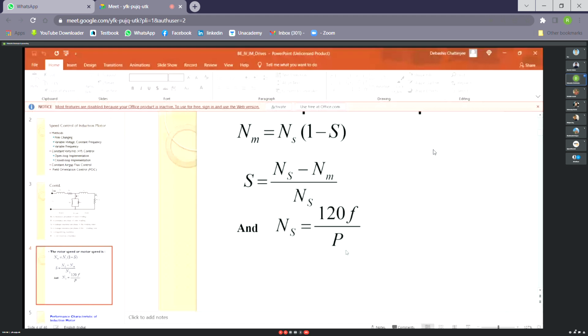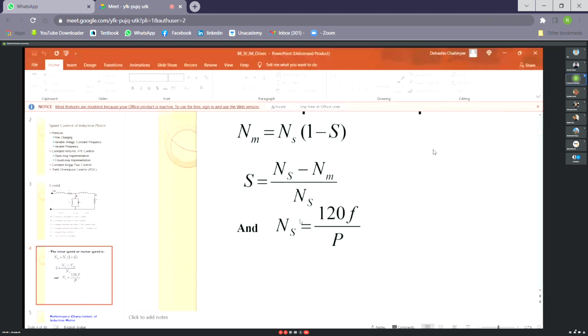The equation for actual mechanical speed is Ns into (1 minus s). That is what you see from the definition of slip: (Ns minus Nm) by Ns, and when you compute Nm, you get Nm equal to Ns into (1 minus s).